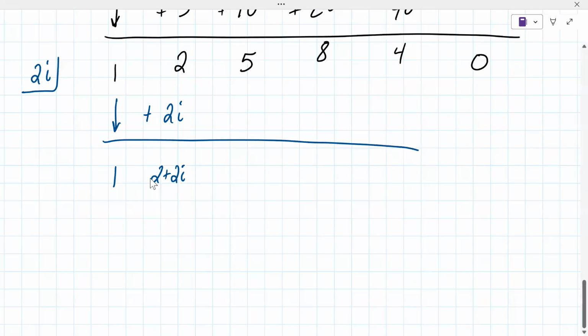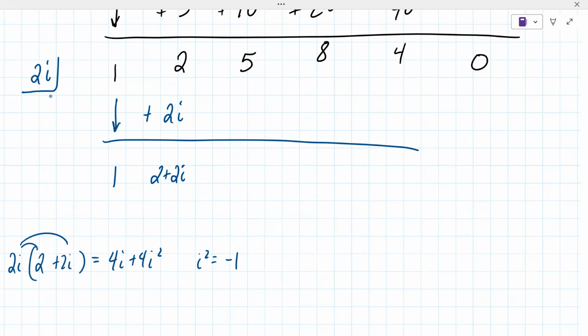All right. So the next thing to do is take this 2 plus 2i and multiply it by 2i. You probably want to do that off to the side. So you're multiplying in, so it becomes 4i plus 4i squared. And you remember what i squared equals? -1.